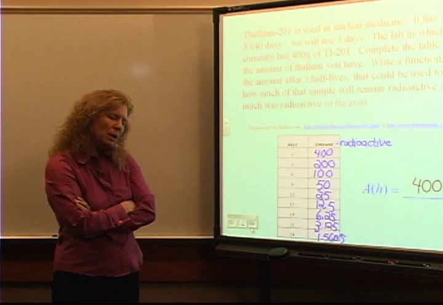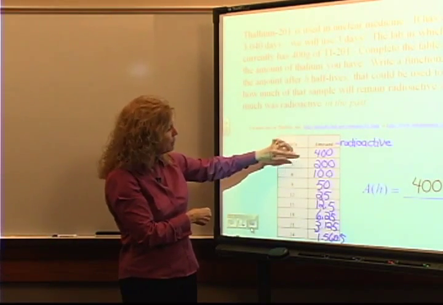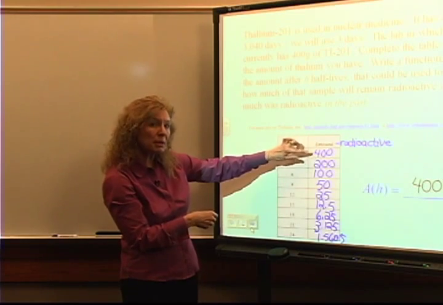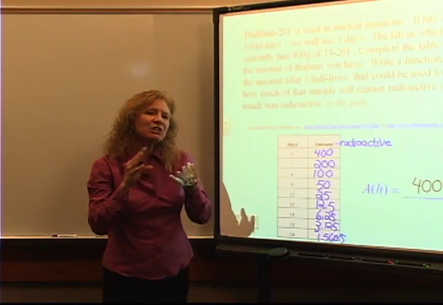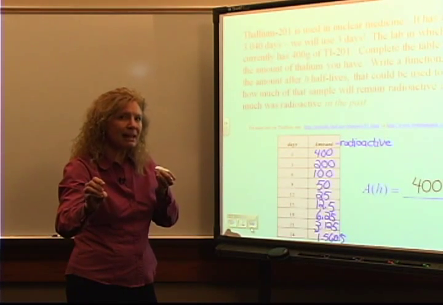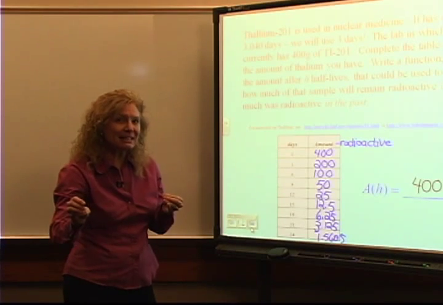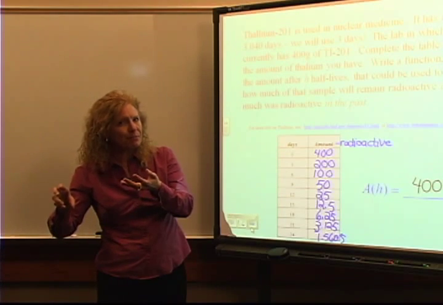Well, let me ask you this. Within this 3-day period, we went from having 400 grams being radioactive to 200 grams. Did that just instantaneously change at exactly 3.040 days? Or was that an ongoing process?